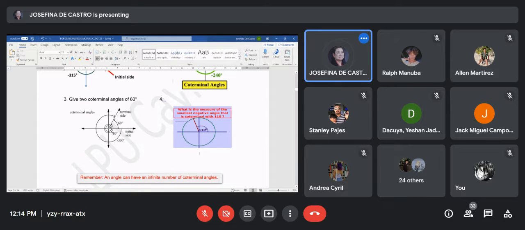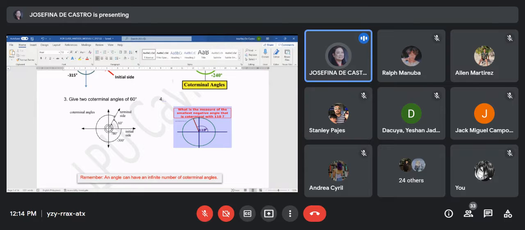Okay? So, for 110, ito number 4 tayo. Given 110 degrees, ang nearest positive mo na yan ay isang ikot plus 110. 360 plus 110. Okay? So 470 degrees.